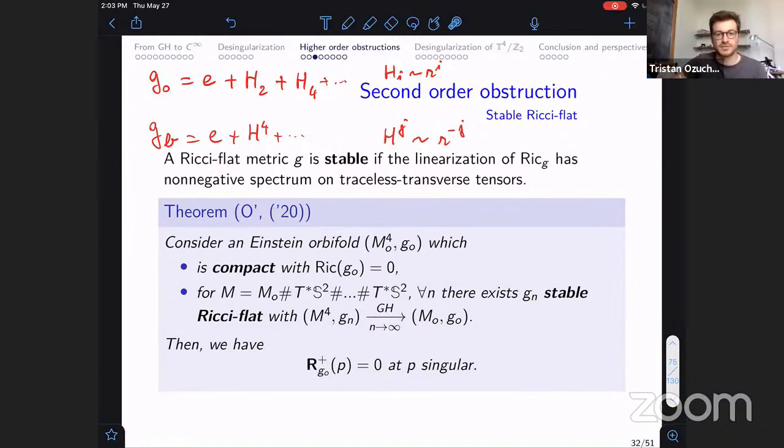But that's not enough to find the higher obstructions in the case of T4 mod Z2, because it was already hard to find the first obstruction since there is no curvature. All of these terms are 0 on the T4 mod Z2. You need to use your other terms here to find the obstruction, and that's why Lambda and Capula's work is very interesting.